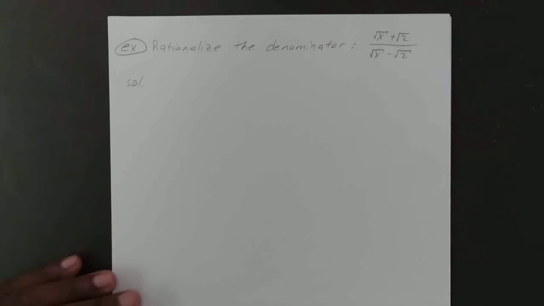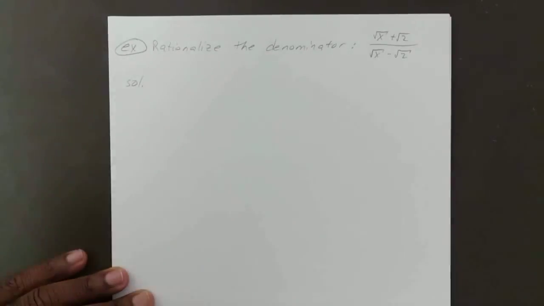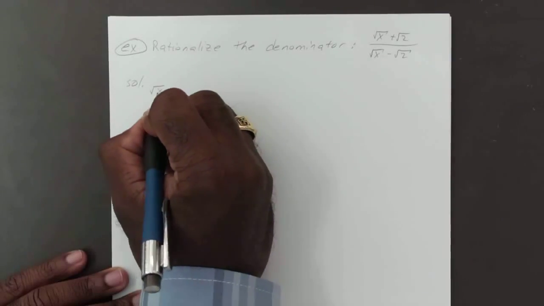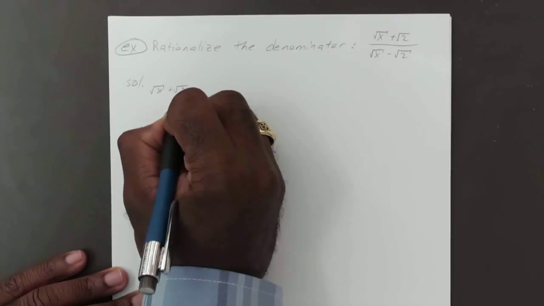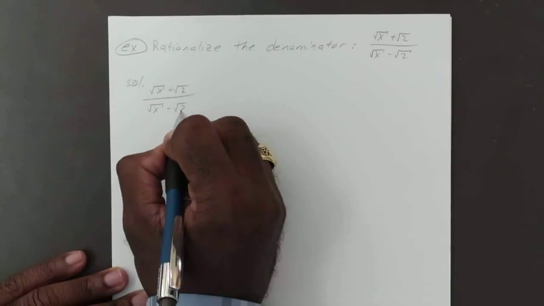Okay. So the first thing we're going to do is just multiply it by the conjugate of the denominator.